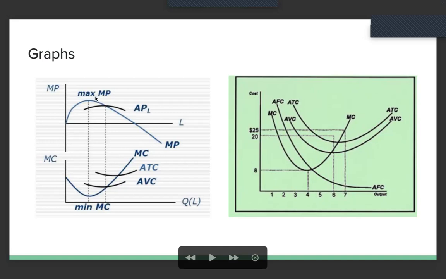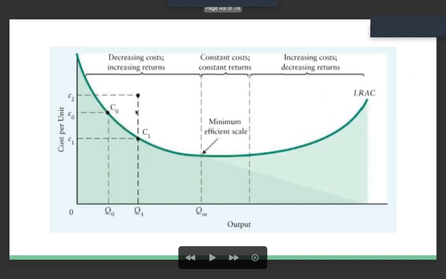So you have increasing returns. Then you have the minimum efficient scale, which is the point at which you attain constant costs and constant returns. So that's why it's flat. And then you have increasing costs and decreasing returns. Again, similar to the logic we had for short-run curves. So when the cost is increasing, your returns are decreasing.